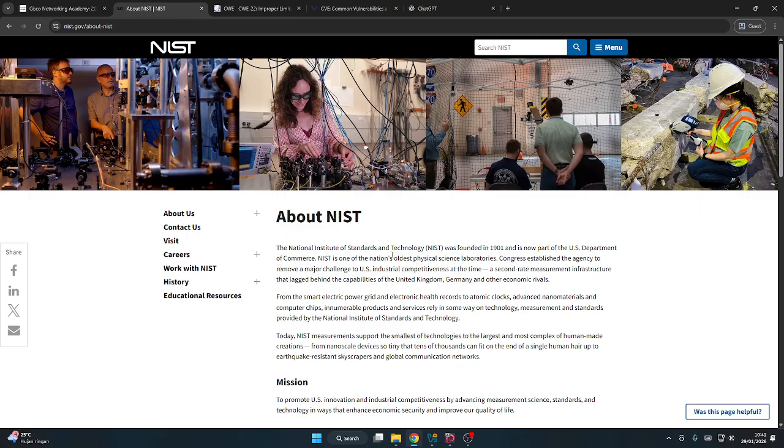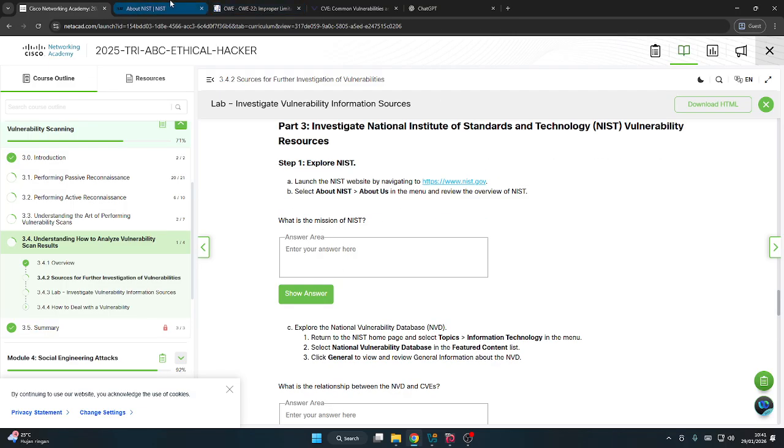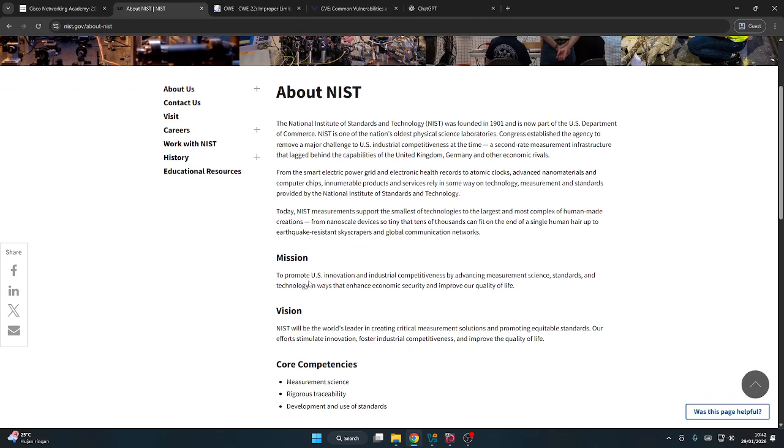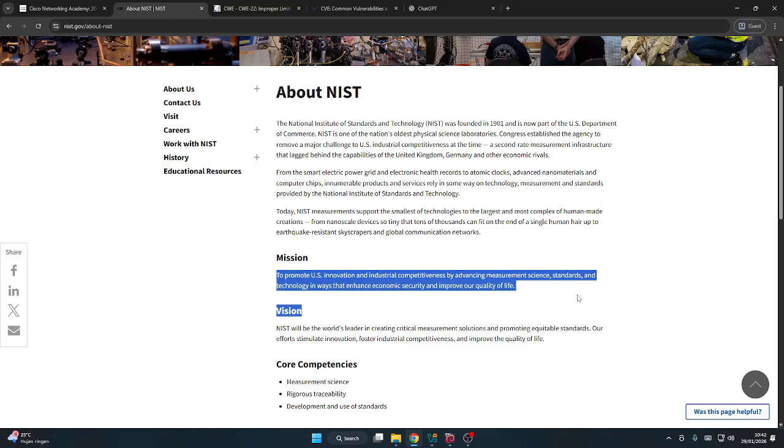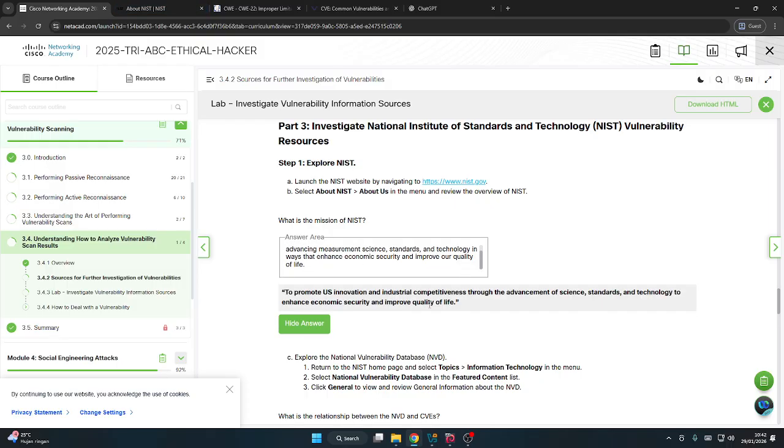It is one of the nation's oldest physical science laboratories. Congress established the agency to remove a major challenge to U.S. industrial competitiveness at the time. What is the mission of NIST? To promote U.S. innovation and industrial competitiveness by advancing measurement science, standards, and technology to enhance economic security and improve quality of life.